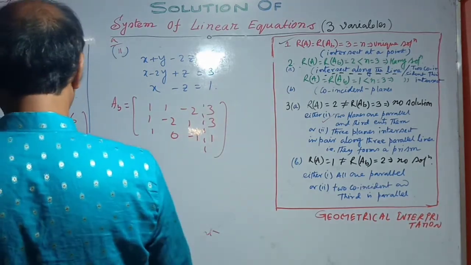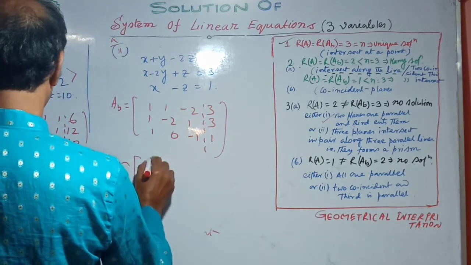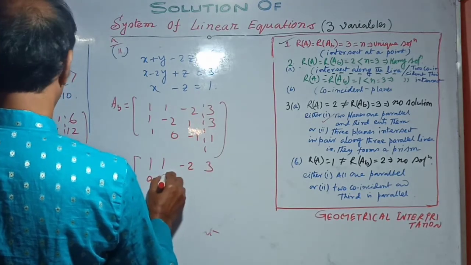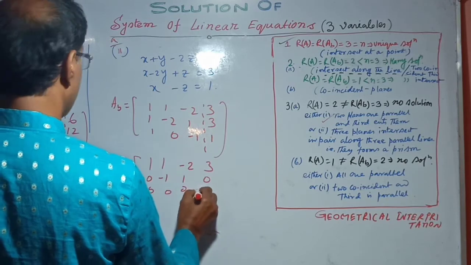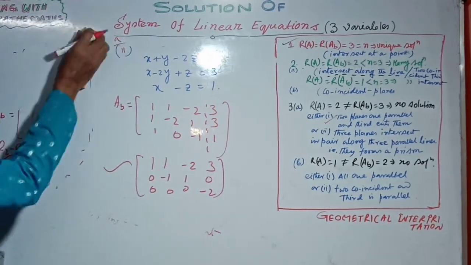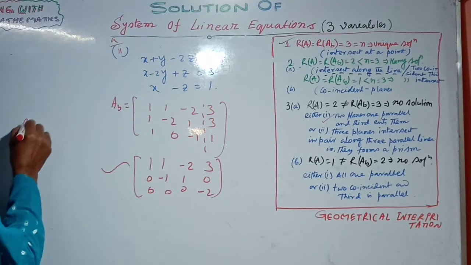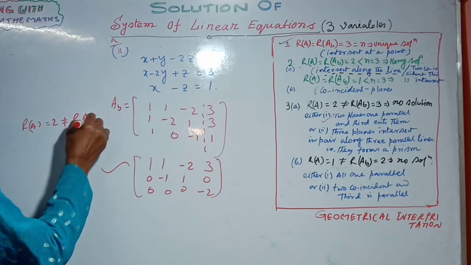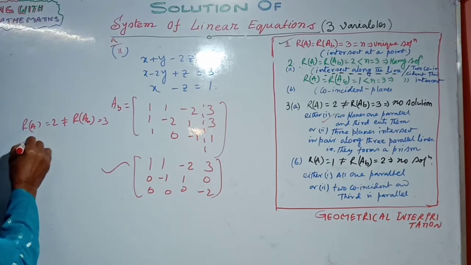By elementary row operations this also reduces to the form 1 1 minus 2 3, 0 minus 1 1 0, and 0 0 0 minus 2. Here also rank of A is not equal to rank of AB. Therefore it has no solution.